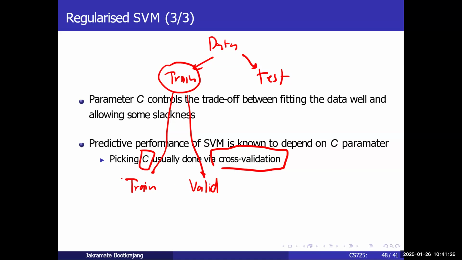And you train your model with different C, maybe C equal to 1, C equal to 100, C equal to infinity. For each model that you train using this train data, you calculate the accuracy on the validation set. And then you pick the C that gives you the highest accuracy. So that is cross validation.